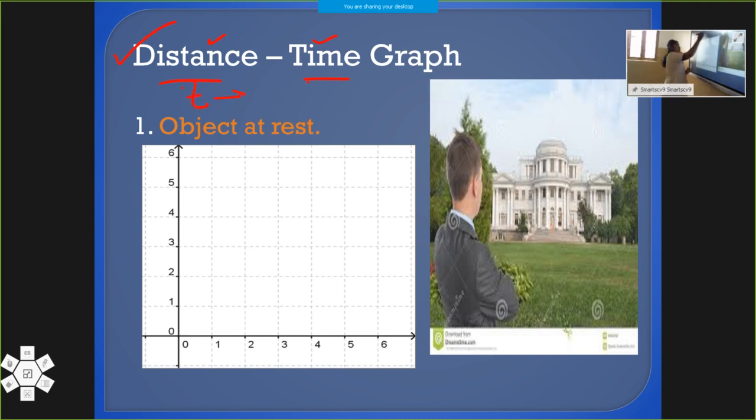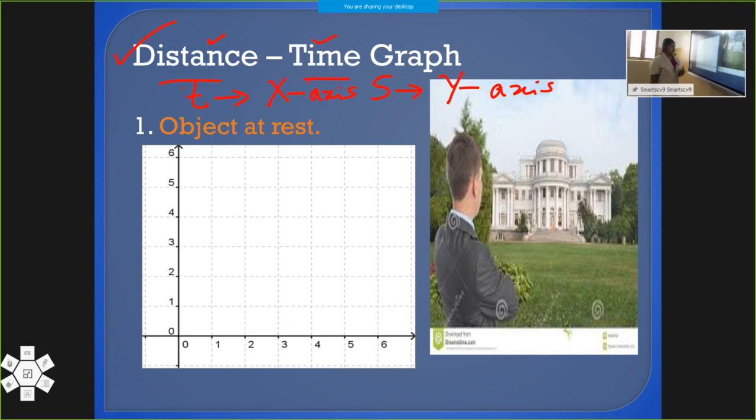So time is along the x-axis and distance along the y-axis. You know that capital S represents distance or displacement. So a graph drawn with time along the x-axis and distance along the y-axis is called a distance time graph.